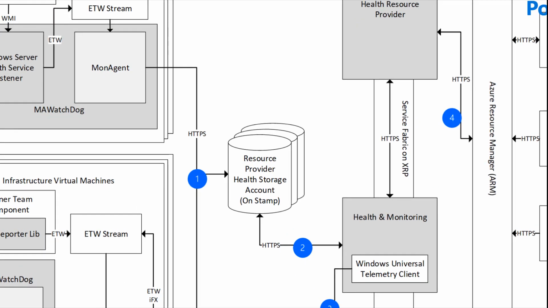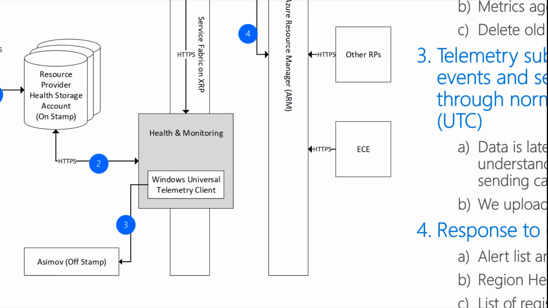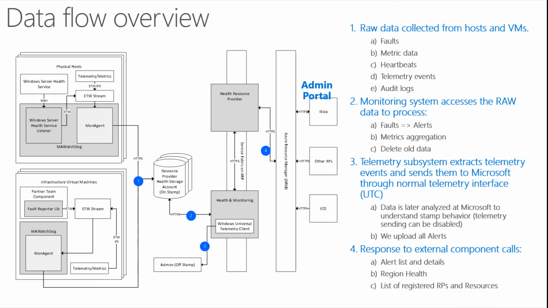In the center here, we start with the health provider health storage account, which is on the stamp. And then that does HTTPS calls to the health and monitoring, which has a Windows Universal telemetry client. And then that can send information through the Azimuth, which is off the stamp.